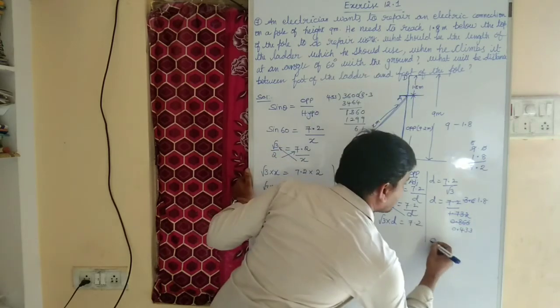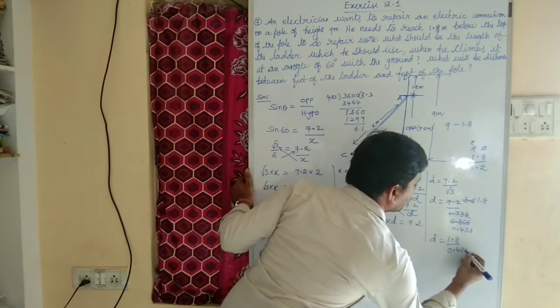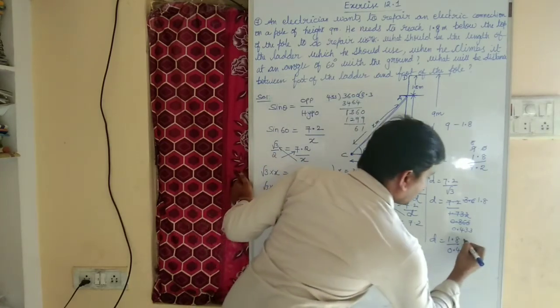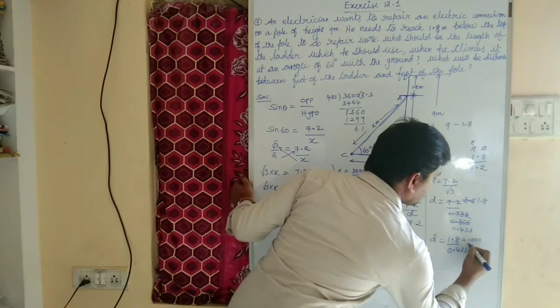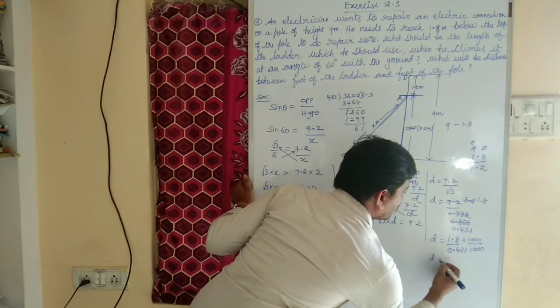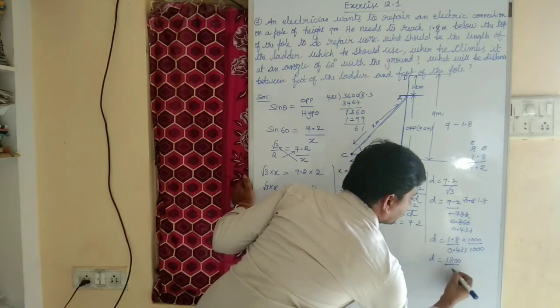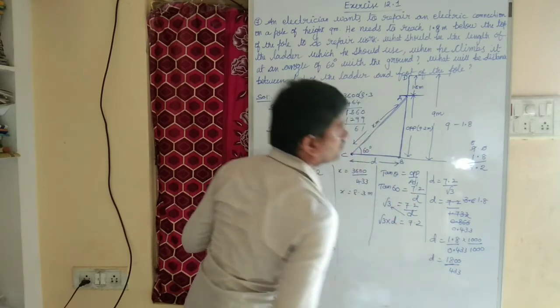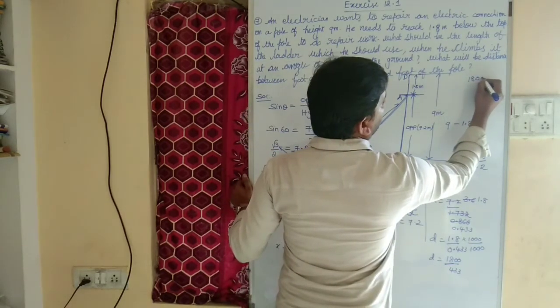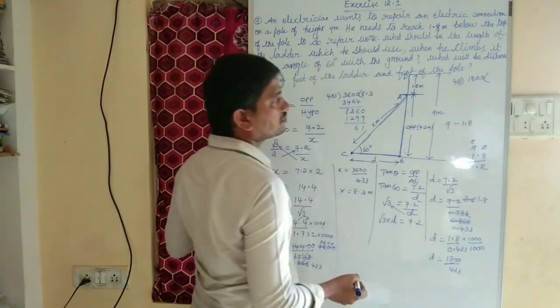So D equal to 1.8 divided by 0.433. After the decimal point we have 3 digits, so multiply by 1000 divided by 1000. So D equal to 1800 by 433. So 1800 divided by 433, right?